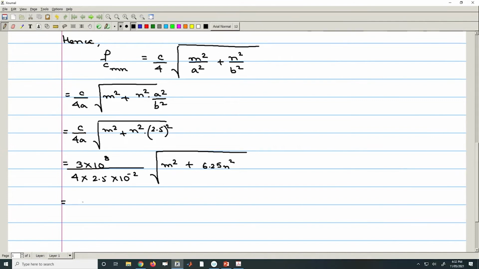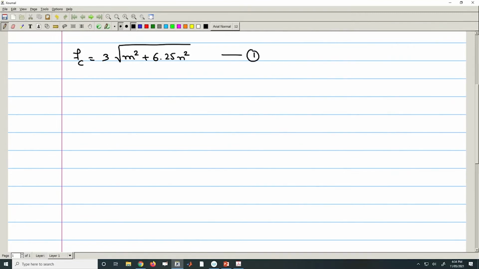So now we get 3 root over of m square plus 6.25 n square gigahertz. So we get f_c as 3 root over of m square plus 6.25 n square. Denote this as equation 1.